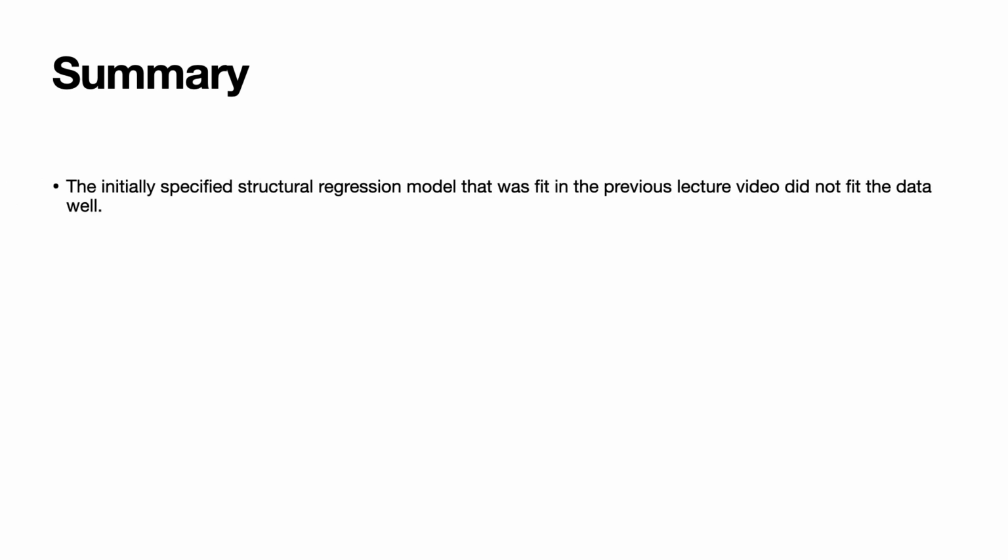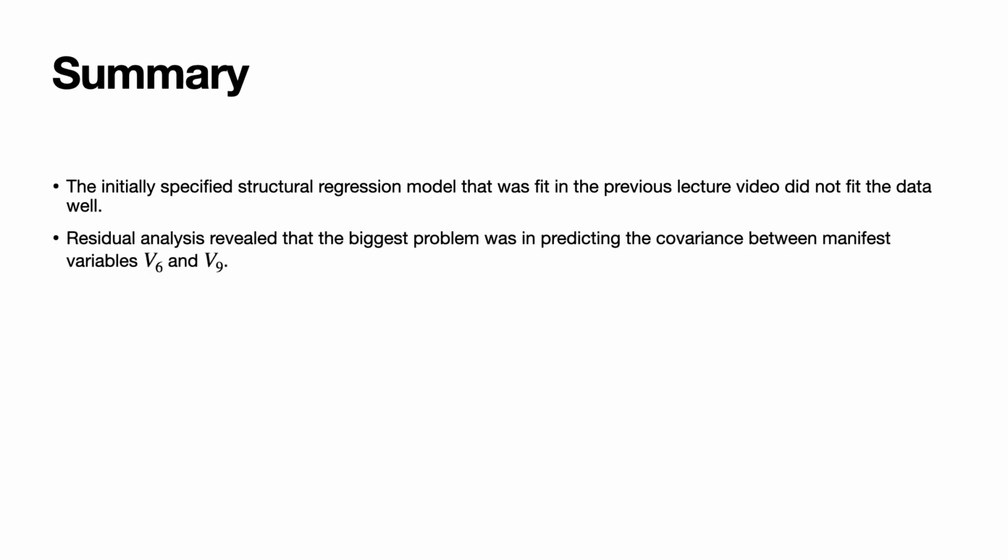So to summarize, the initially specified structural regression model that was fit in the previous lecture video did not fit the data well. Residual analysis revealed that the biggest problem was in predicting the covariance between manifest variables V6 and V9.